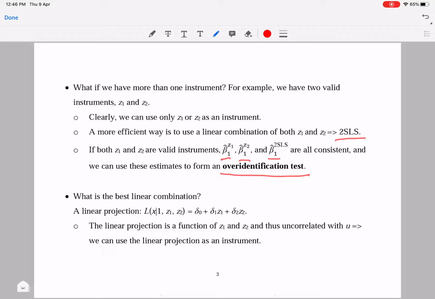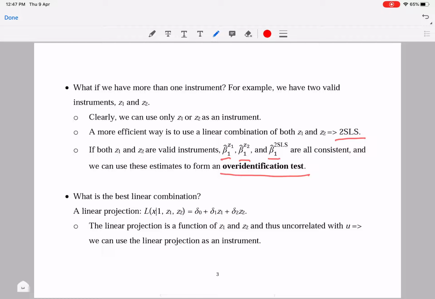Second, later we are going to talk about local average treatment effects, and that is a very important property in an IV framework. That's basically saying you could get very different IV estimates from two different instruments because they capture different treatment effects.